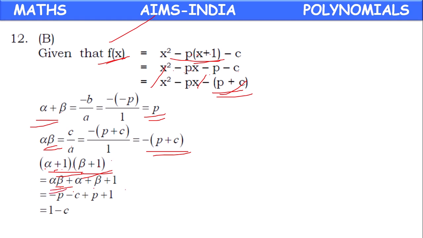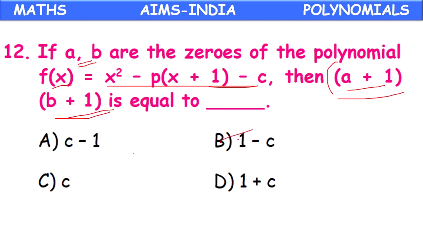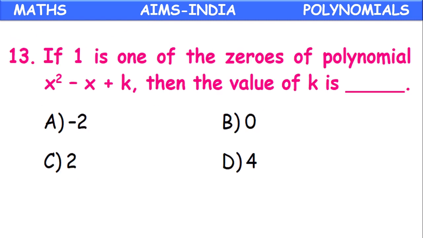In the place of alpha beta, we can substitute minus of p plus c or minus p minus c. Alpha plus beta, p, 1 as it is. P gets cancelled. So 1 minus c will be written last. 1 minus c is the answer.